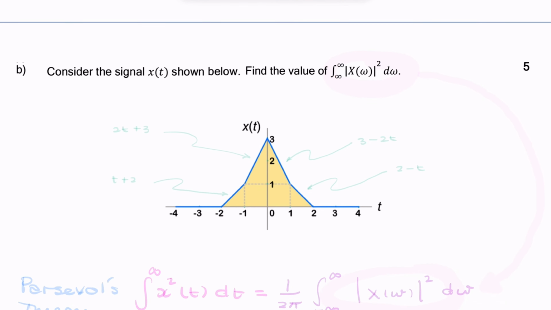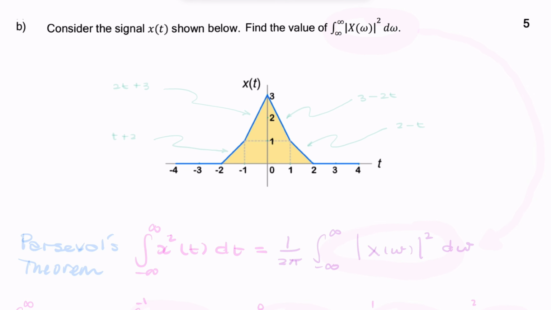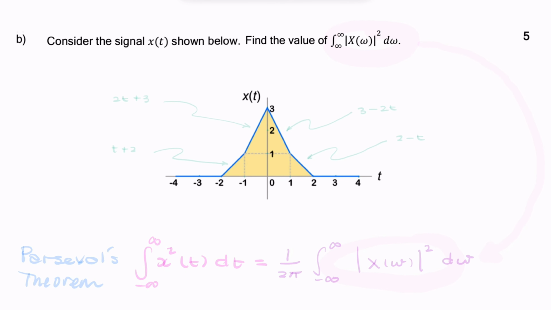The final part of this question is asking to find the integral of the magnitude of x of omega squared over all frequency. Now, this is a different signal. It looks a bit like a witch's hat. We don't know x of omega, so finding the integral of x of omega isn't straightforward.